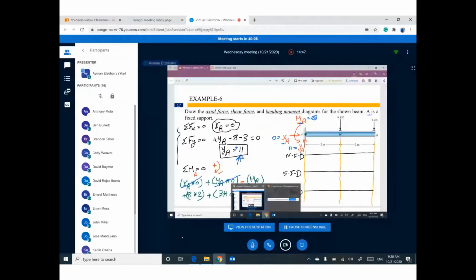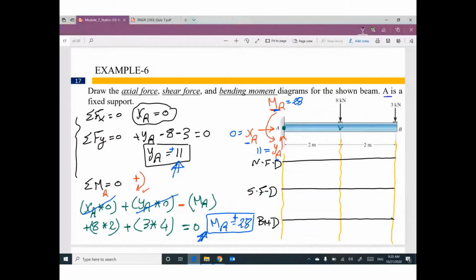Some of you will attend the exam without any knowledge about how to draw these diagrams. But guys, the normal force diagram is nothing. Just one simple question: the normal force diagram is a force parallel to this beam. Do you have any force parallel to this beam?